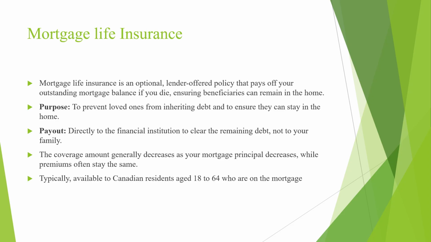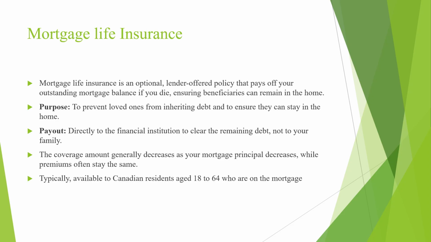Now, what is the purpose of this insurance? The main purpose, as we already talked about, is to protect your loved ones from inheriting debt and ensure that they can stay in the home. It just pays off your mortgage. Now the payout: it goes directly to the financial institution.